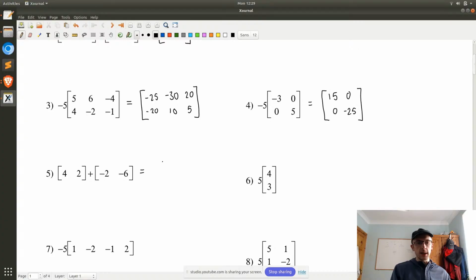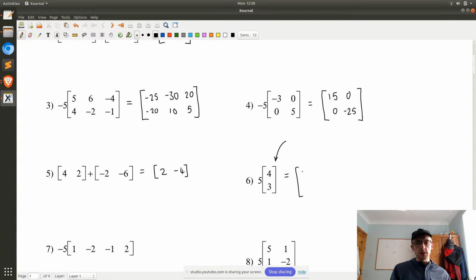Now we are to add this pair of 1 by 2 matrices. And we do so component-wise. 4 add -2 is 2. 2 add -6 is -4. And we're finished. Scalar multiply the column matrix or column vector by 5.